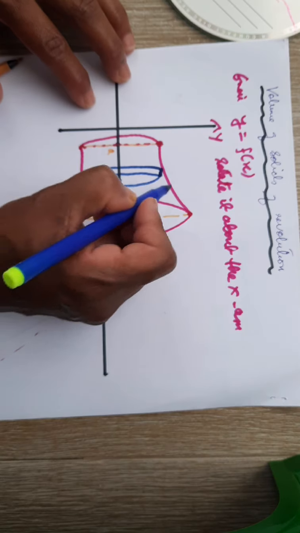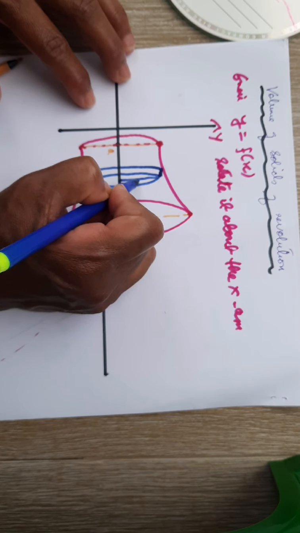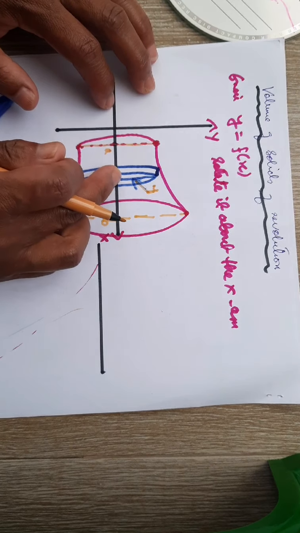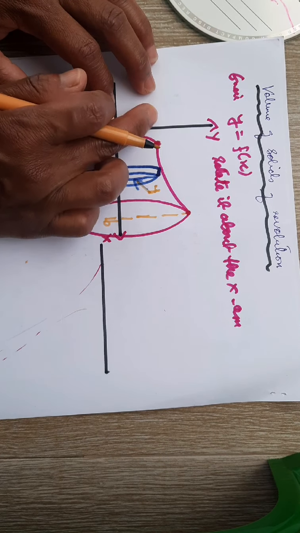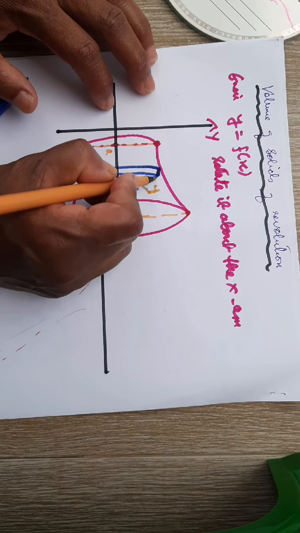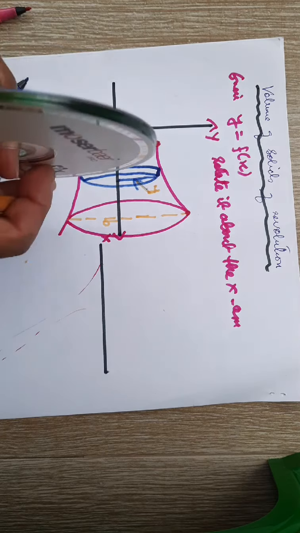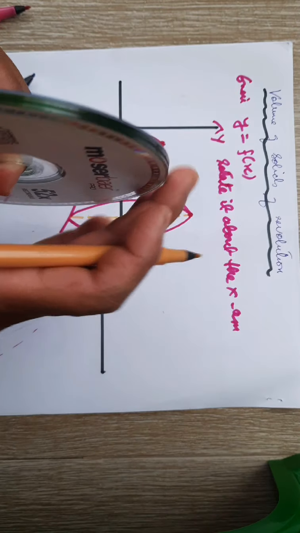A disc like this, where let us take the radius of this disc to be y, because the length from here to here is present on the y-axis. Now we have to cut this solid in the form of a disc.